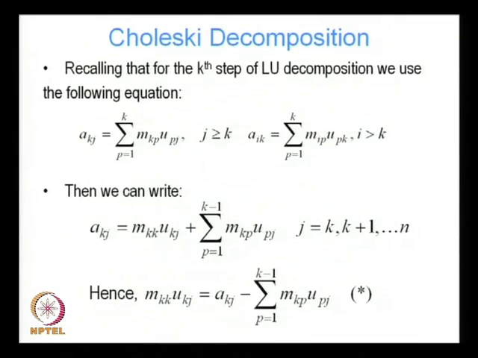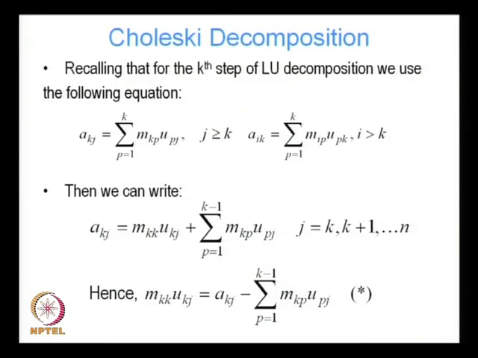We can write this as A_KJ is equal to M_KK U_KJ plus sigma P equal to 1 to K minus 1 of M_KP U_PJ, where we have taken out the kth term and kept the rest of the terms within the sum.